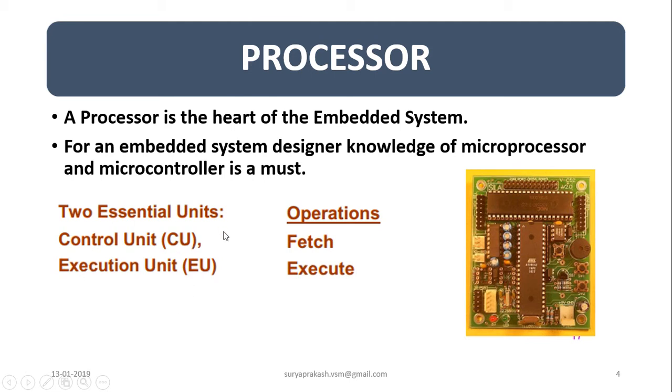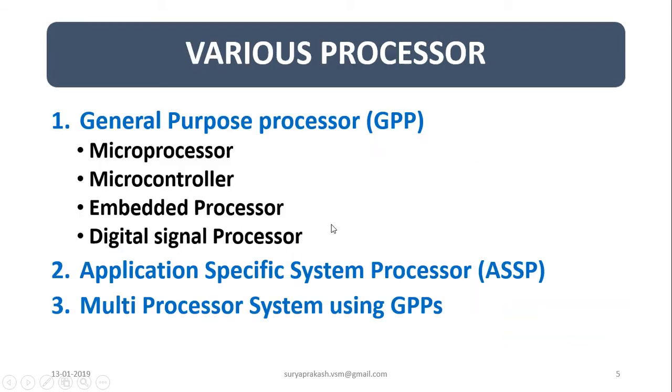The control unit controls all the functional components in the processor. The execution unit deals with fetching the code, decoding it, and then executing it in the CPU of the processor. These operations are termed fetch and execute. So these are the two basic operations of any processor.